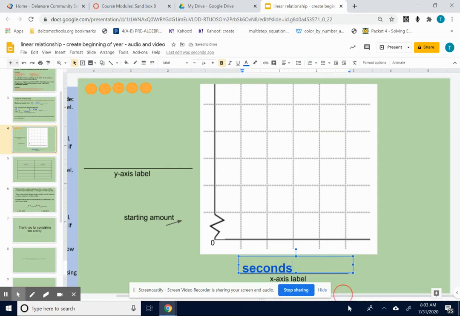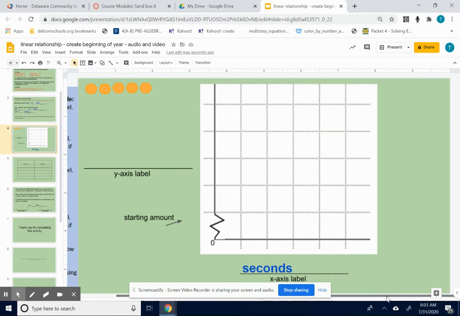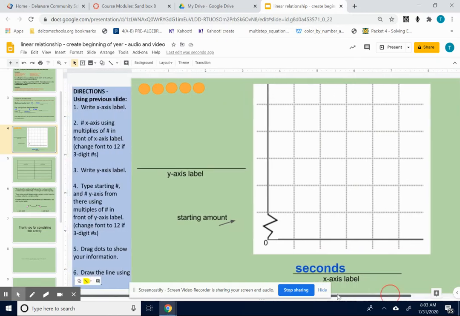And I lost my directions. This may happen to you. Second thing, number the x-axis using the multiples of the number in front of that x-axis label. You have to go back for a minute.